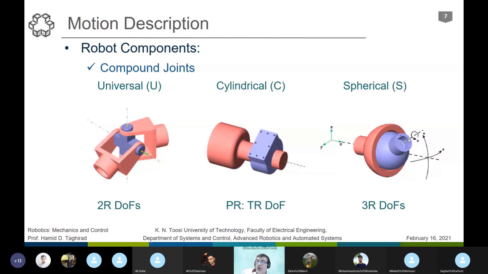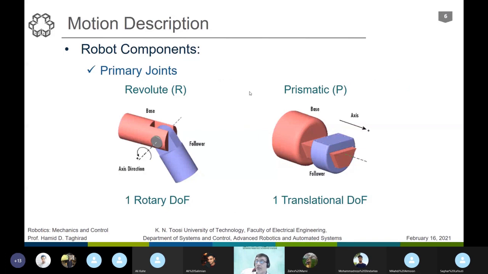That's why our primary joints are most important, and we consider them as the basic components of a robotic manipulator. Of course, there are some other types of joints that I'm not discussing right now here, but usually they are a compound of 2 or 3 other primary joints, as you see here.